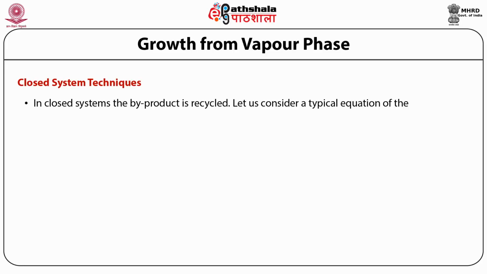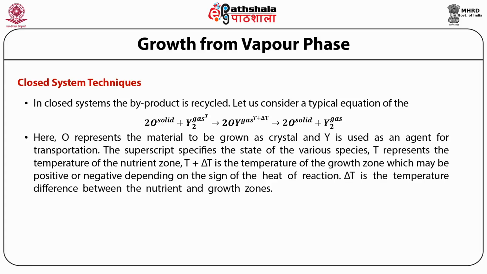Let us consider a typical equation of the type 2O(solid) + Y2(gas) leads to 2OY(gas) at temperature T plus delta T, leads to 2O(solid) + Y2(gas). Here O represents the material to be grown as crystal and Y is used as an agent for transportation.